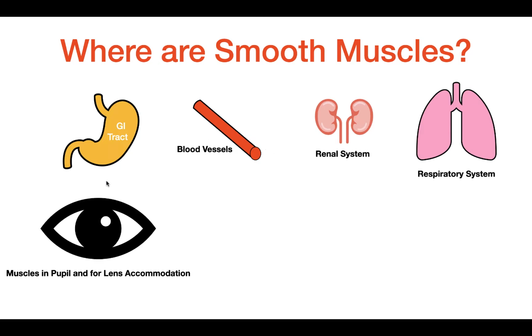It's going to control the muscles in the pupil, and it's also going to control a process called lens accommodation. We're going to talk about that in our sensory videos, so don't worry about that for right now. It's also going to be in the reproductive tracts. And it's even going to be the pili muscles that are responsible for making your hair stand up. So smooth muscles are incredibly important to our physiology, which is why it's important to understand how they work.